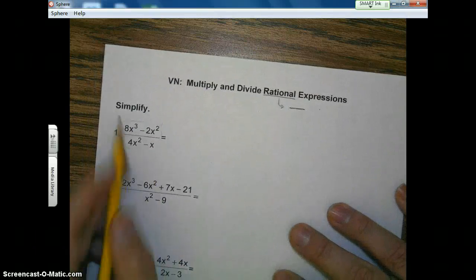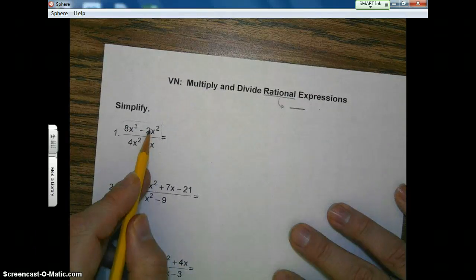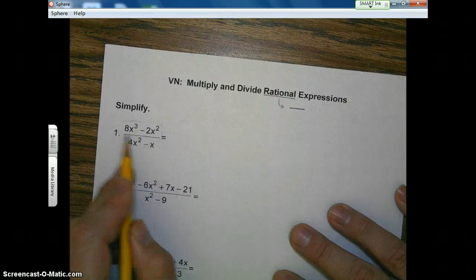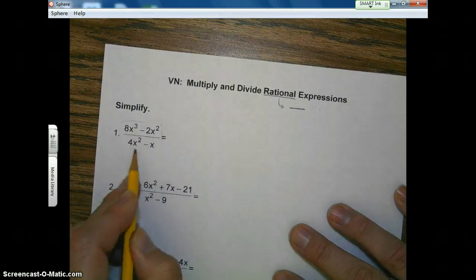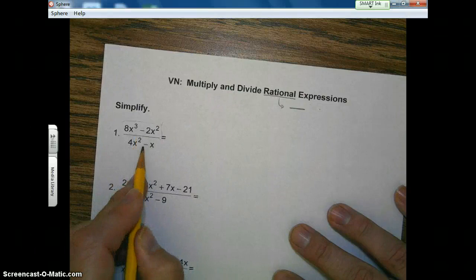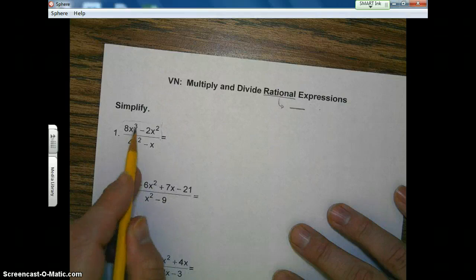So to simplify this, since this is a group on the top and a group on the bottom, and these groups are different, we cannot cancel anything. You cannot cancel groups unless the groups are the same.